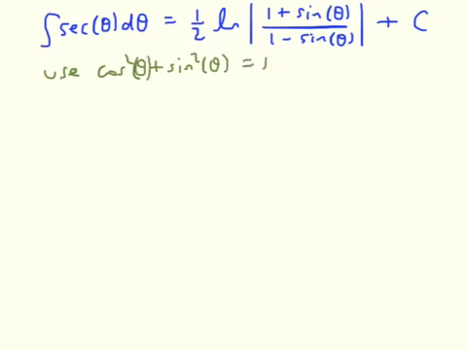And what we're going to do is multiply the top and the bottom by a common factor, because here we have 1 minus sine theta, so if we multiply the top and the bottom by 1 plus sine theta, we're going to get 1 minus sine squared theta on the bottom.